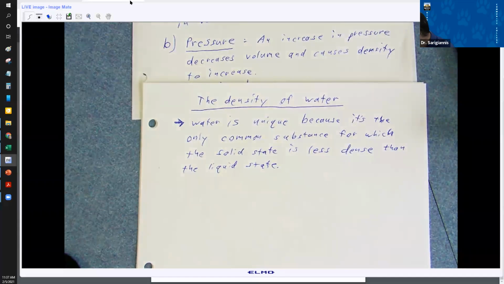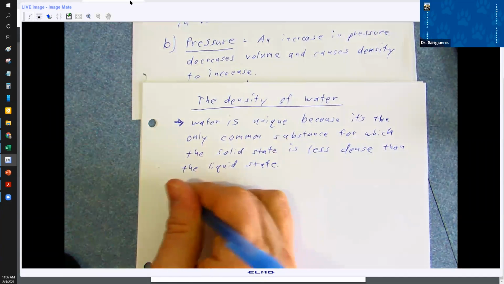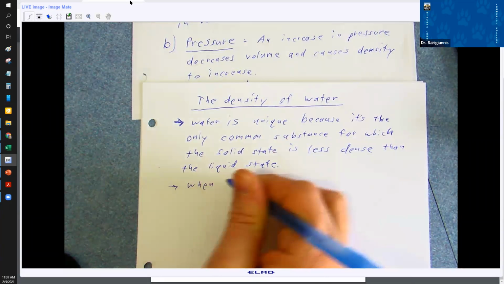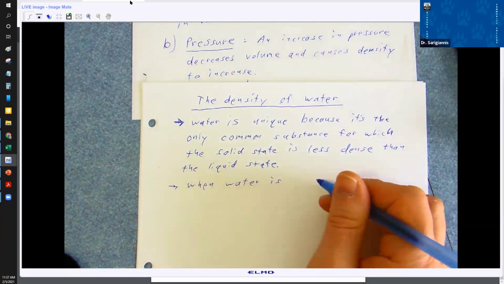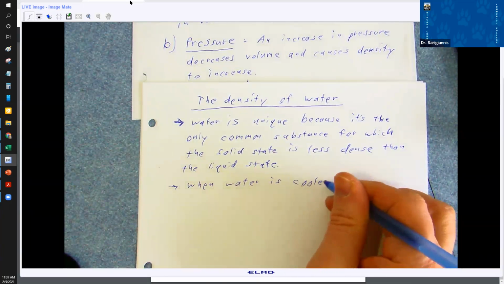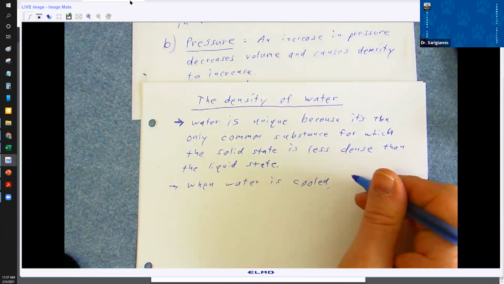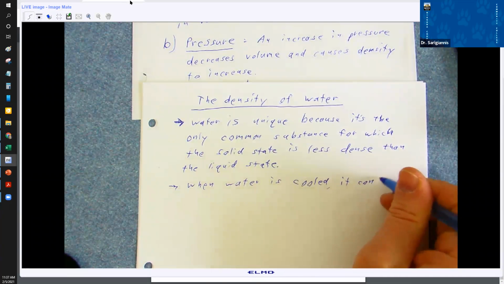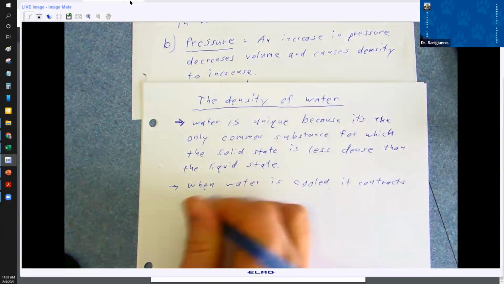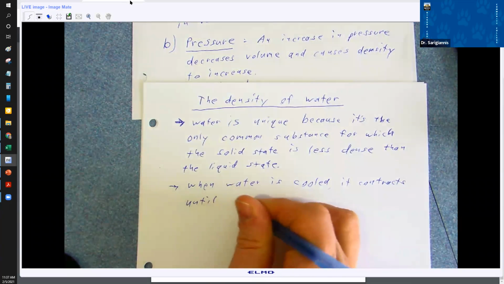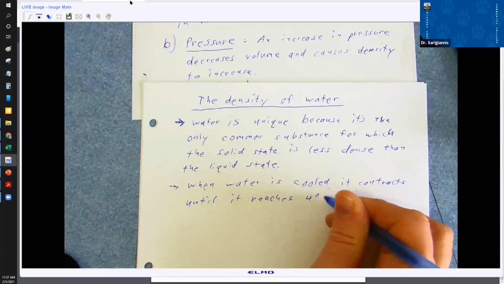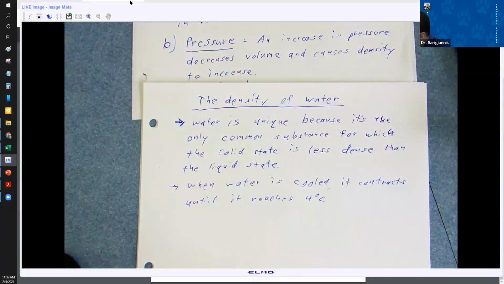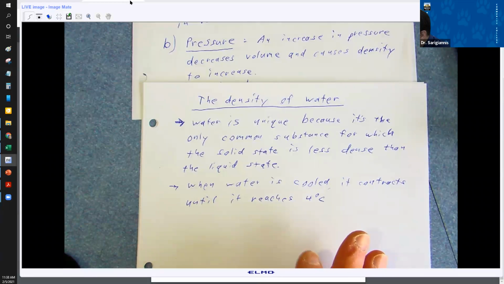So let's start a new bullet here. When water is cooled, it contracts until it reaches 4 degrees C. So liquid water does actually get denser as it cools.